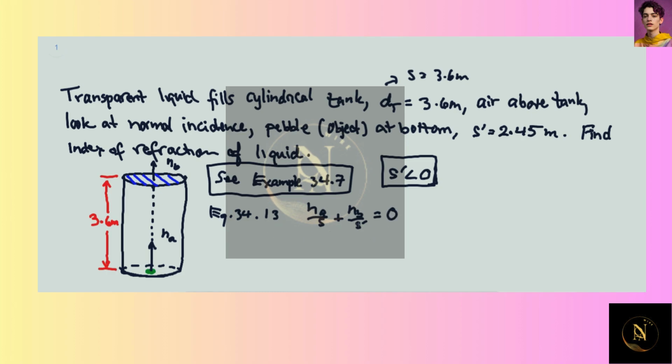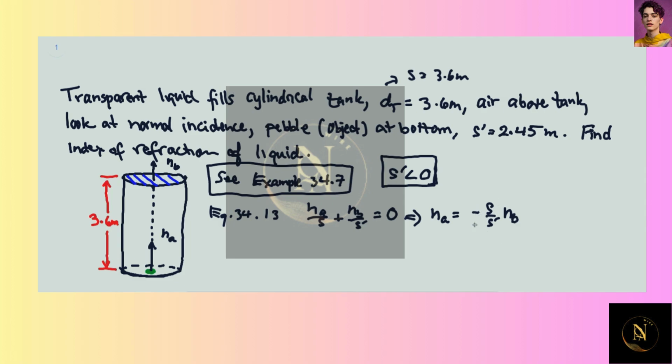Our goal is to solve for NA, the index of refraction of the liquid that we do not know. However, we have S prime, and we have NB. So it's just a matter of rearranging and solving. If we rearrange this equation, we find that NA is equal to minus S over S prime times NB.